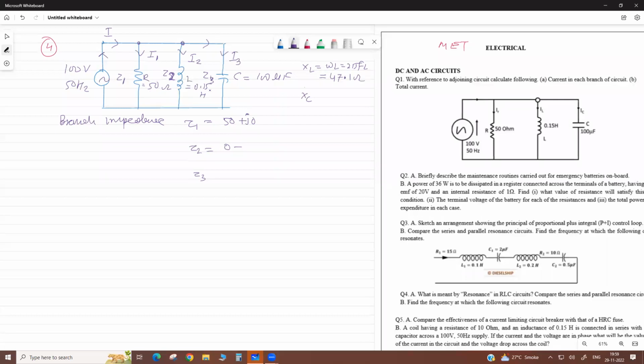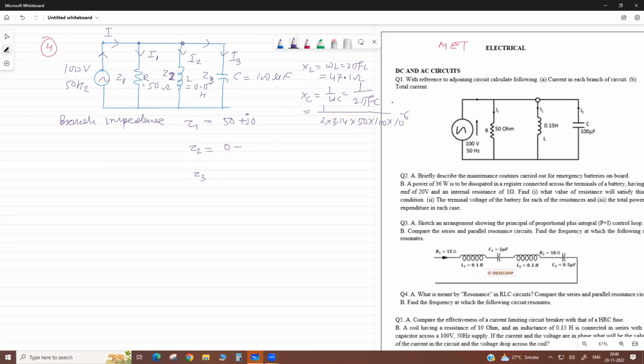L is 0.15 H, already we calculated this. And XC we can calculate as 1 by omega C. It means 1 by 2 pi F C. How much does this value come to? It is 2 into 3.14 into 50 into 100 into 10 raised to power minus 6, microfarad.